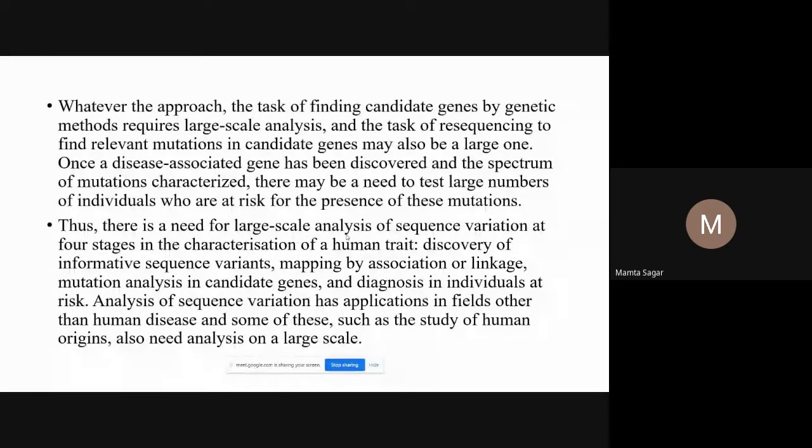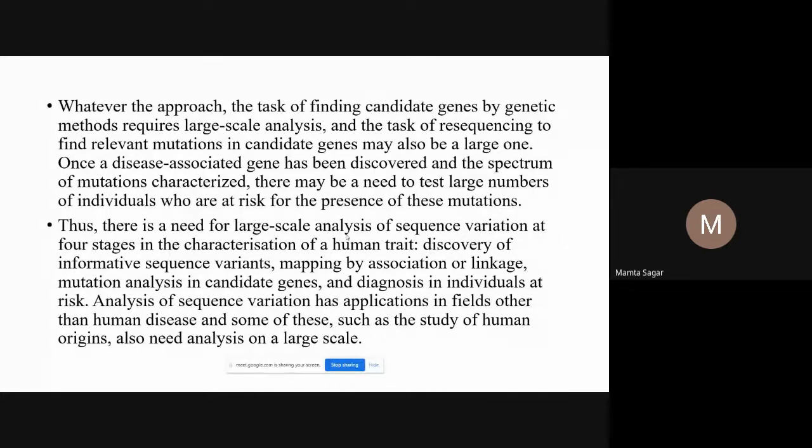So there may be a need to test large numbers of individuals who are at risk for the presence of these mutations. If we test a large number of individuals at risk, these types of mutation may provide important clues about the functioning, I mean, how the DNA is responsible for dysfunctional or misfunctional proteins.